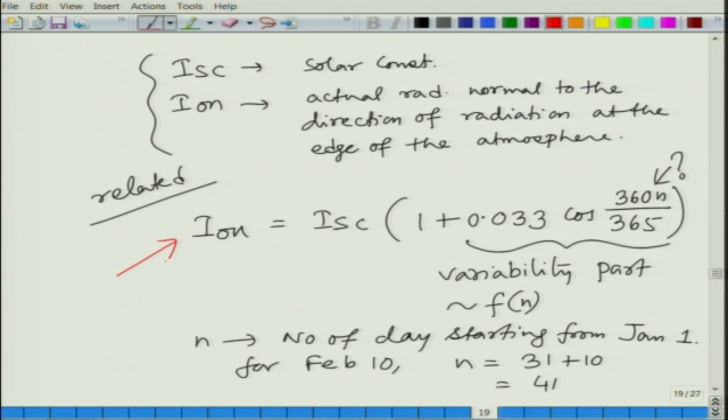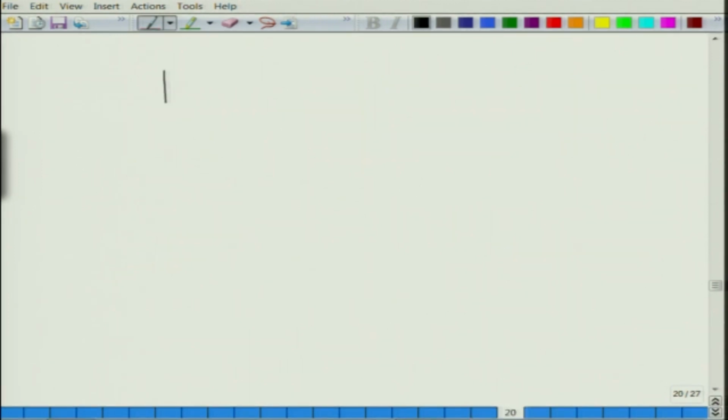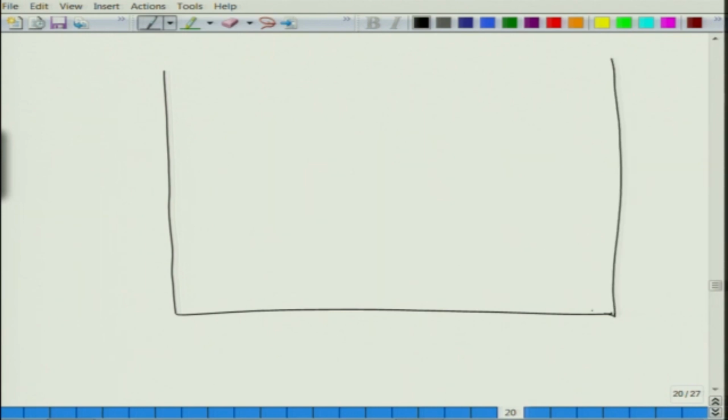Now, if you plot this particular relation, how will it look? Again I should emphasize that this is not to scale, this is just for illustration. So, here let us plot month, like January, February and so on till December.